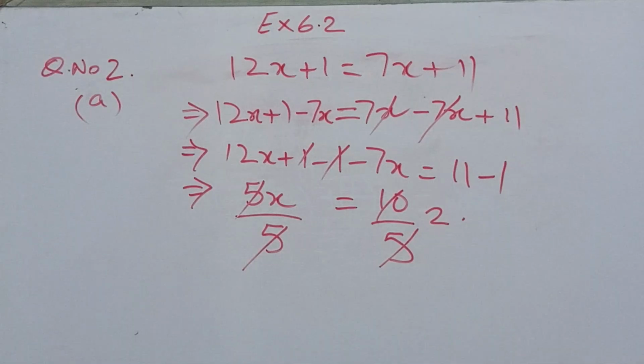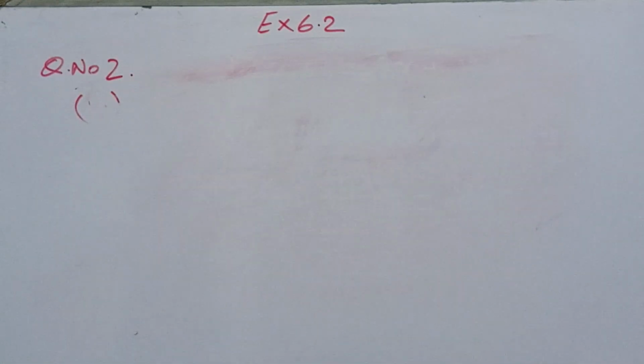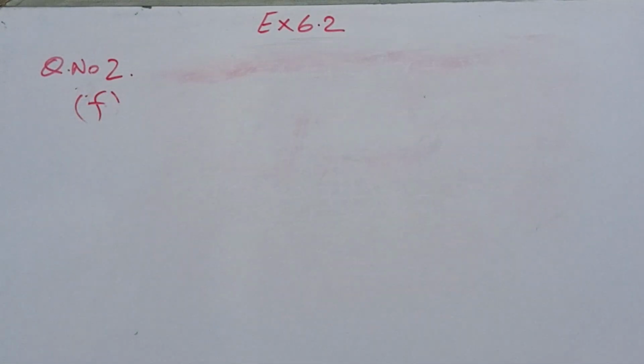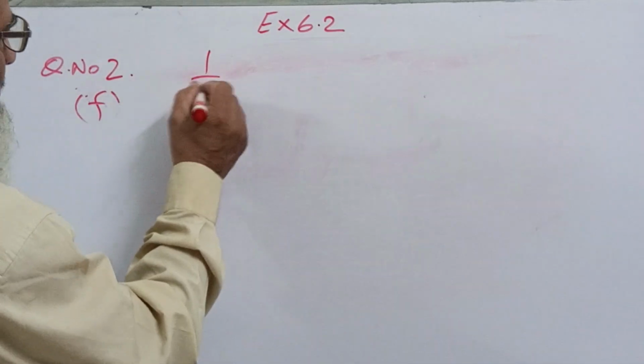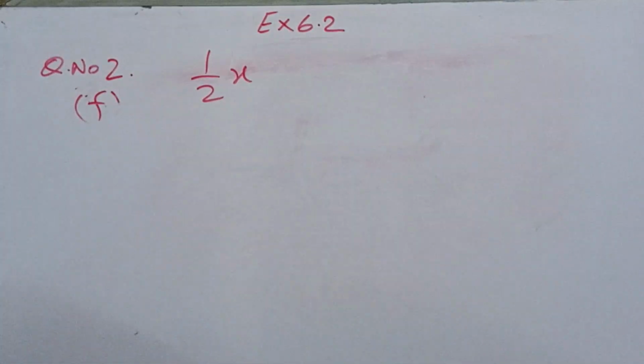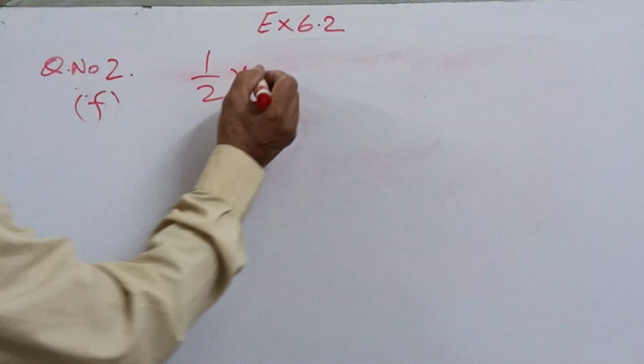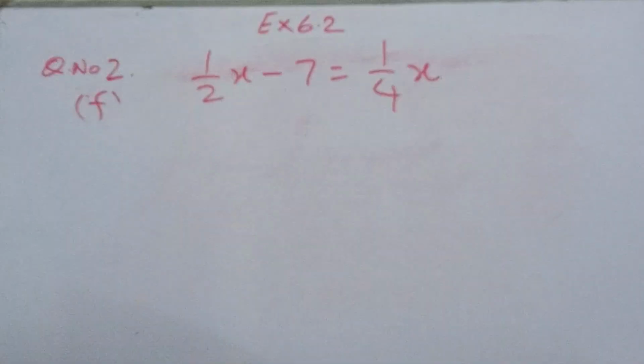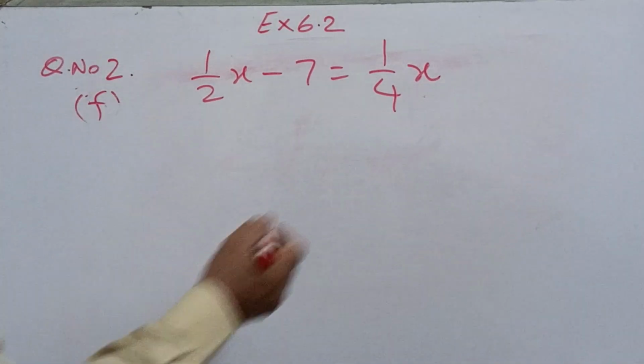Okay, now I will attempt a little difficult question for you, and that is part f. Level of difficulty is increasing now. Okay, my dear students, it is part number f now. Question number 2, part f. Part f says 1 by 2 of x minus 7 is equal to 1 by 4 of x plus 8.